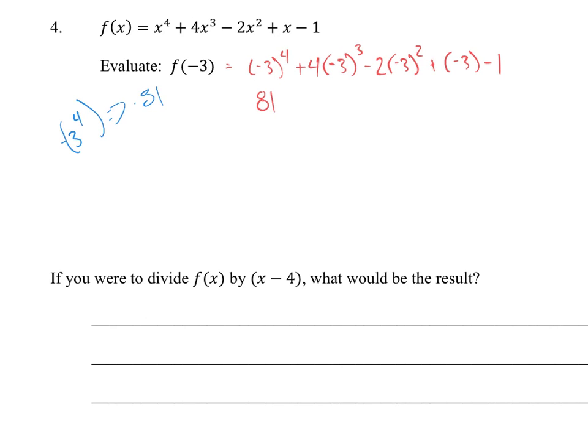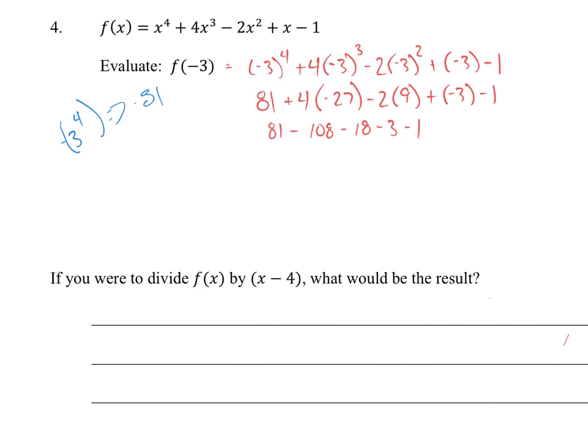Anyway, then we have over here, let me use red. Then we have still this 4 times, well, we said that -3 to the 3rd is -27. Minus 2 times -3 squared is a positive 9, plus -3 minus 1. All right, we're just going to keep going right down the list. 81 stays the way it is. -108, that's what 4 times -27 is, minus 18, minus 3, and that's where we'll bring that negative outside, and minus 1.